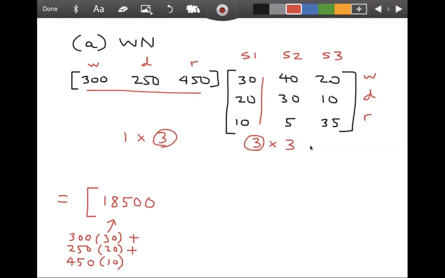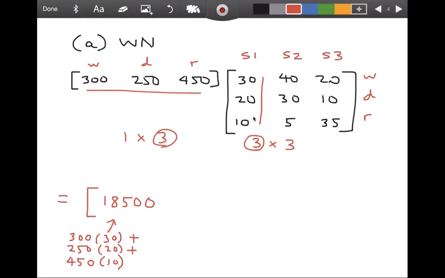So what would that number represent? Well, we took the wholesale prices of the washer, dryer, and range and multiplied it by a column that kind of stands for the inventory in store one.